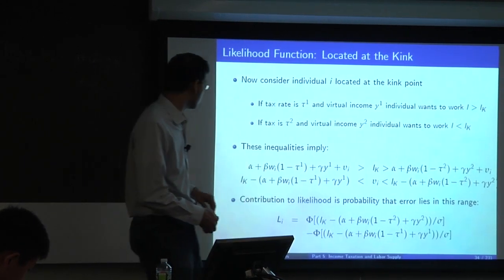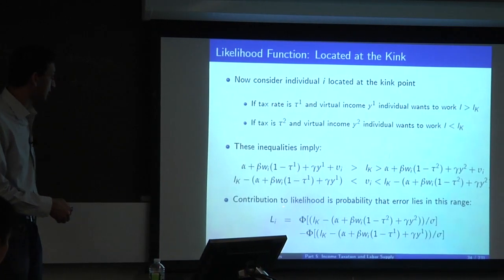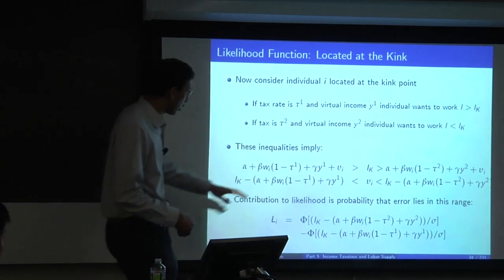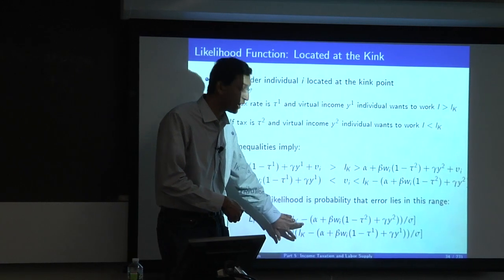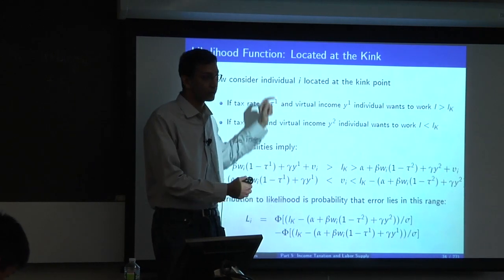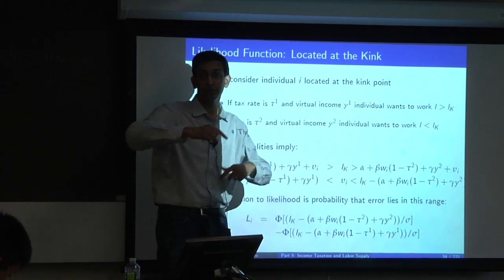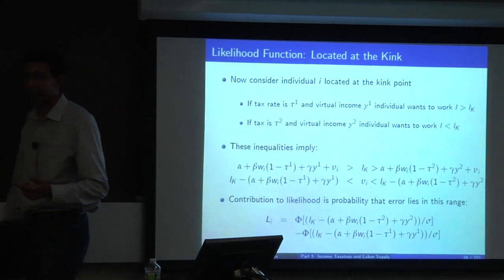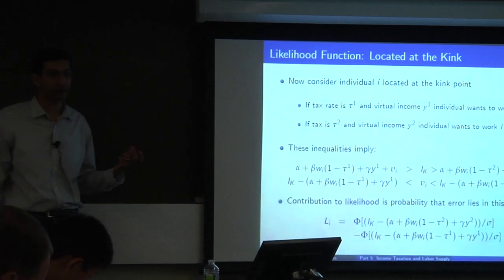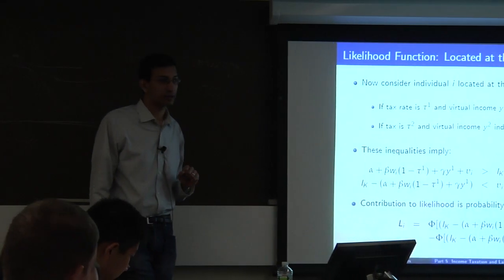Let me not dwell on the math. The point is that the contribution to the likelihood of these people located at the kink is the probability that the error lies within the range where you satisfy these two inequalities, where you want to work more than some amount, but less than some other amount. That creates another contribution to the likelihood function.